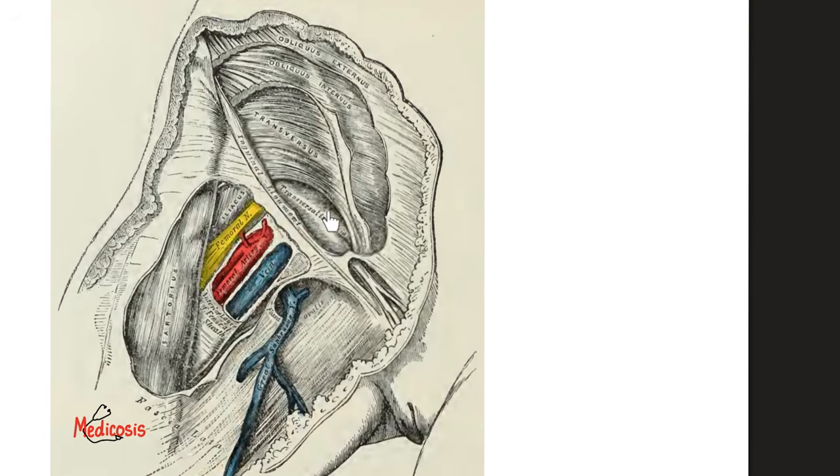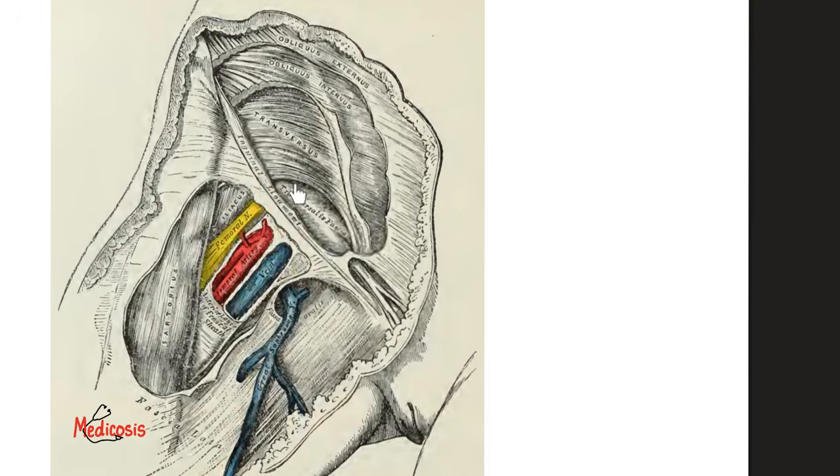Its fascia has an opening known as the deep inguinal ring, also known as the internal inguinal ring. And then the spermatic cord is going to pass through it and then through the superficial inguinal ring, which is an opening in the aponeurosis of the external abdominal oblique. So this is the superficial inguinal ring, and this is the deep inguinal ring.